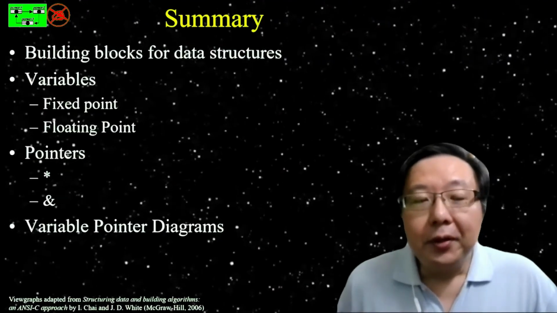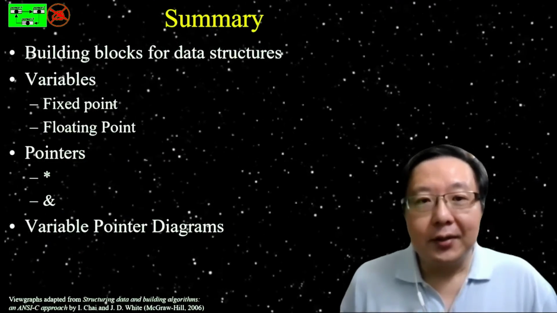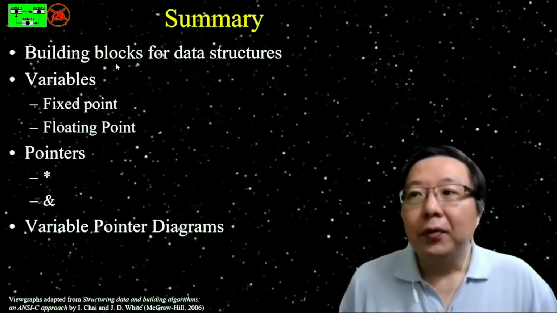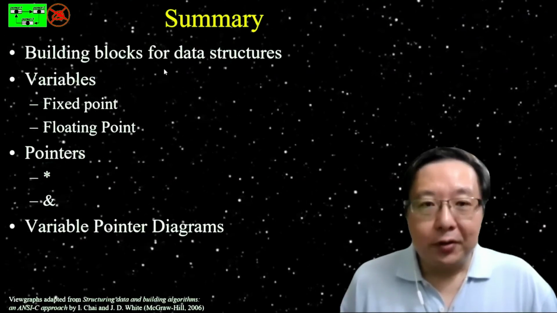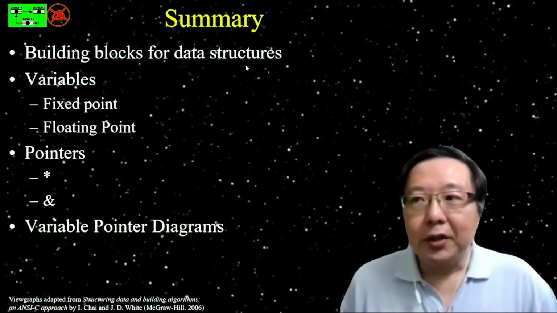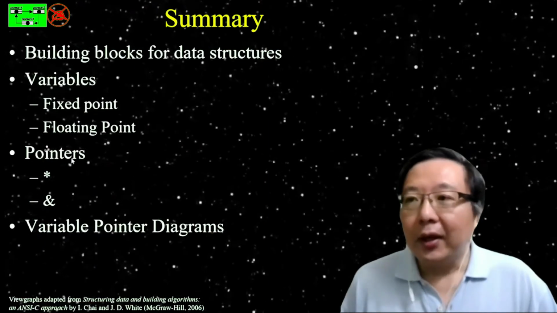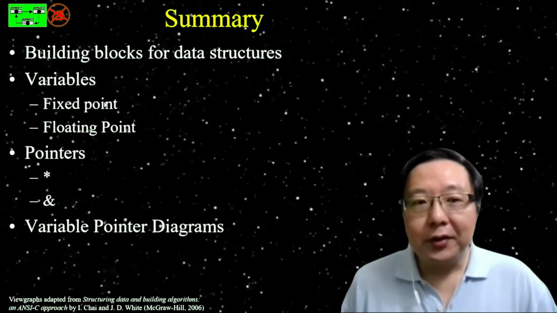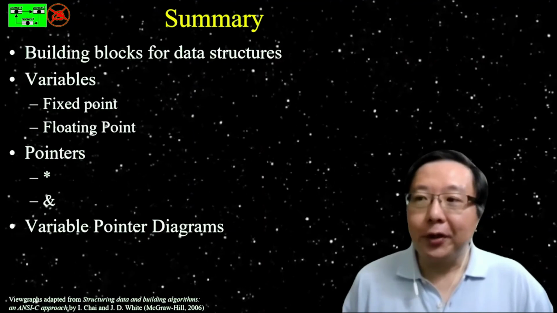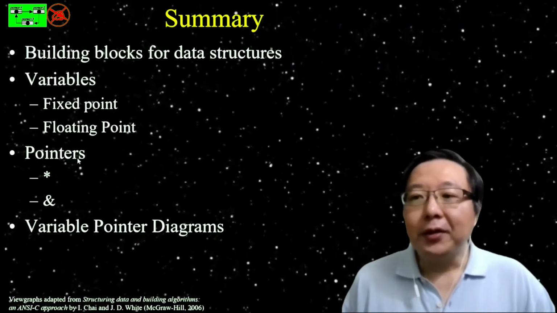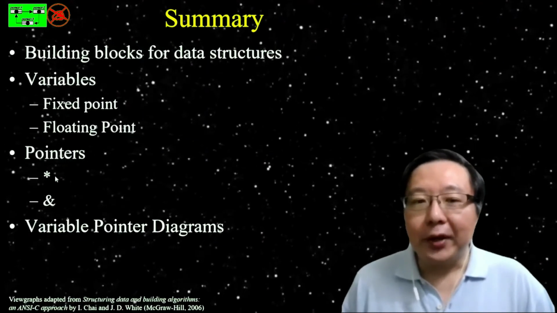So in summary, what we have covered in this lesson is, firstly, the building blocks for data structures, which are variables and pointers. And in variables, we've got two different types, fixed point and floating point. And for pointers, we have these special symbols for accessing them.